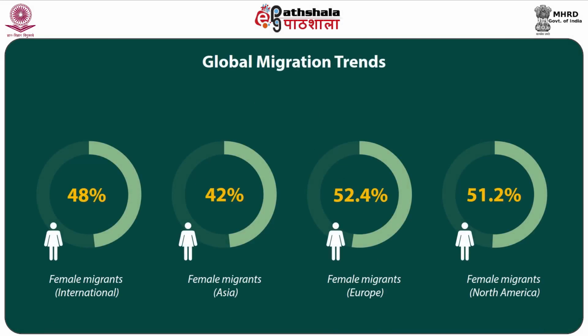If we look at the male-female ratio, female migrants constitute 48% of the international migrant stock worldwide, and the figure is about 42% in the case of Asia. Women make up the majority of the international migrants in Europe and North America. It is about 52% and 51% respectively.